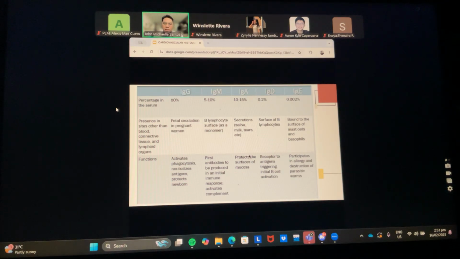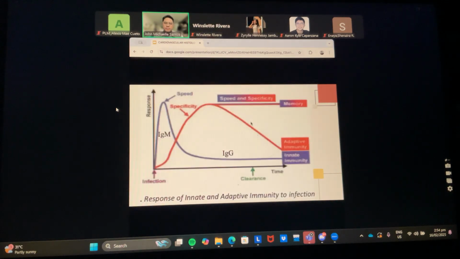IgA is found on surfaces of mucosa, so that is the immunoglobulin in our eyes, in tears, in saliva. And then IgD is the immunoglobulin on the receptors of B cells. And then for IgE, they participate in your allergy. Okay? That's why it's called IgE, allergy. And destruction of your parasitic worms.